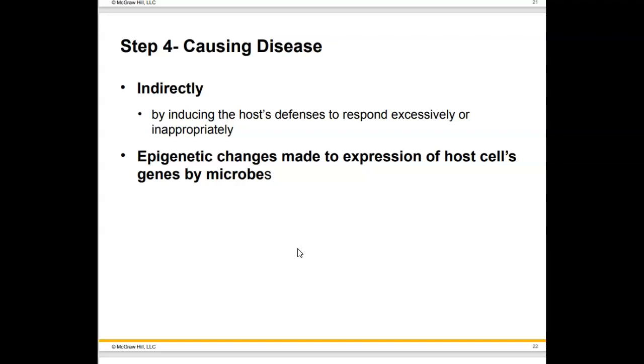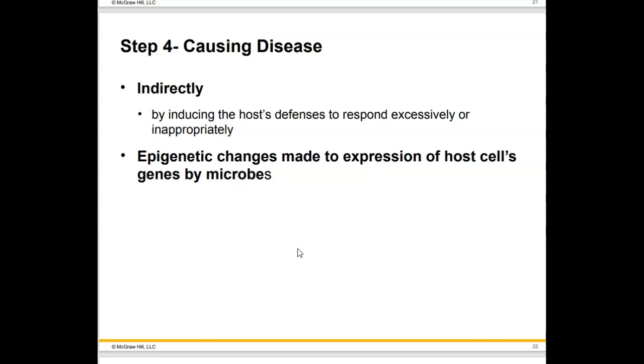We talked about that with sepsis. So sometimes your body goes overboard, and that can be the cause of the disease, or mainly contributing to it. When your immune system goes overboard, a lot of bad things start to happen because your body's just attacking a lot of cells.